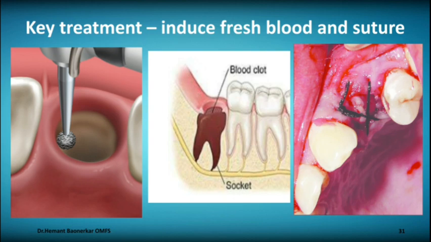As I showed in my first image, you should induce fresh blood at the site of dry socket with the help of osteotomy instruments like rotary instruments, burr, or curettes. Then after the fresh blood induction, let the blood flow inside the socket and maintain it in place. After the blood is filled inside the socket, we should use a good suture over it. So this is the key treatment for management of dry socket.